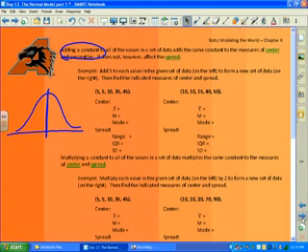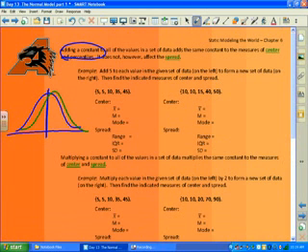If I added $50 across the board to the entire teacher's salary, what would it do to my normal curve here? It would take this thing and just shift it 50. Okay? So adding just adds 50 across the board.